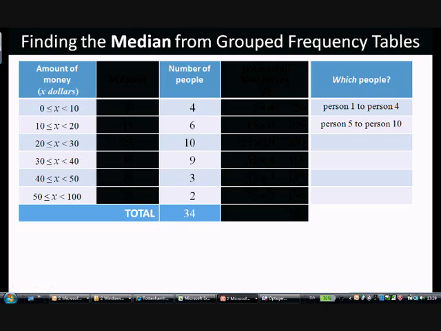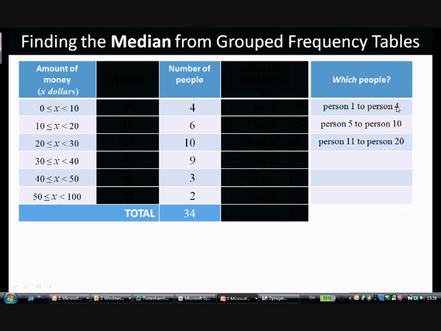So 6 people is number 5, number 6, number 7, number 8, number 9, number 10. Next group is, well, it's got to start with person number 11, and then 10 more people takes it up to person number 20, not number 21.